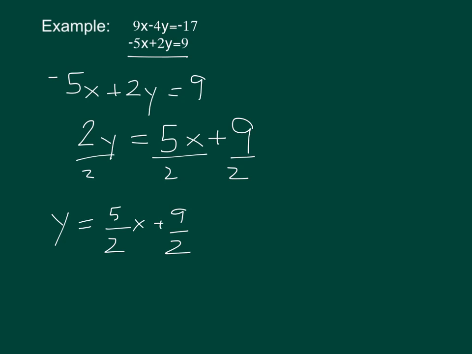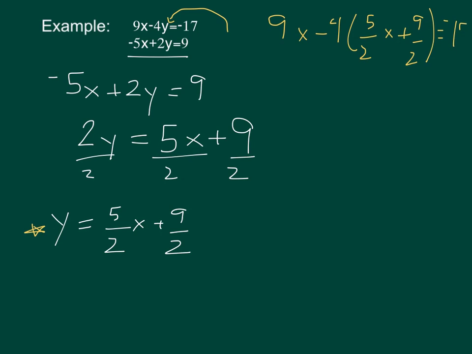Now remember, I'm going to plug this in for the y in this other equation. So up here, I'm going to say 9x minus 4 times 5 halves x plus 9 halves equals negative 17.